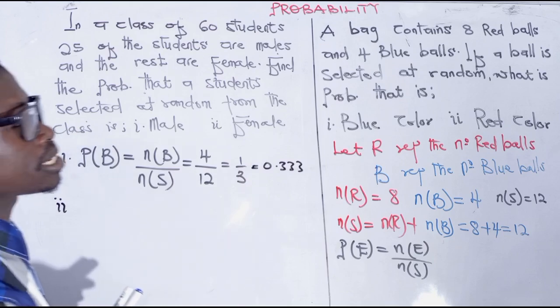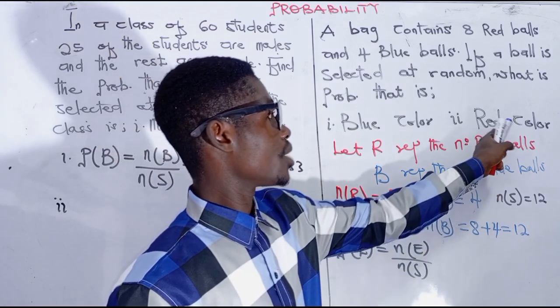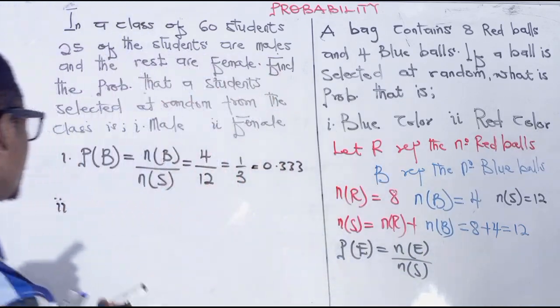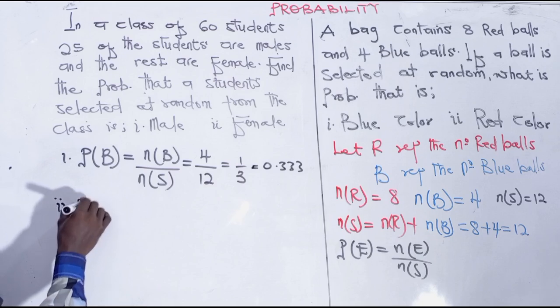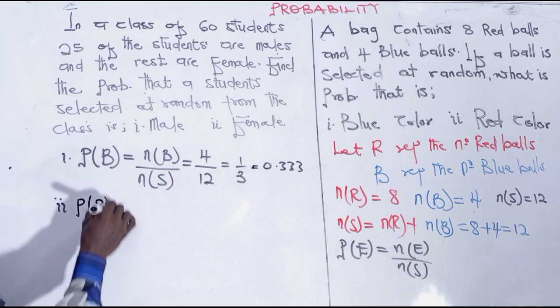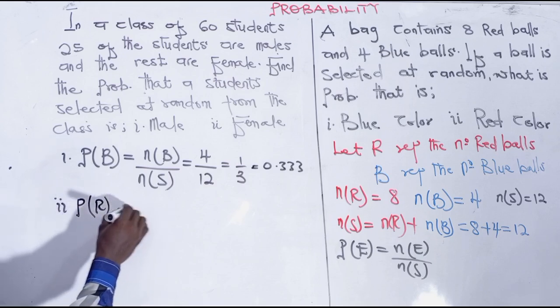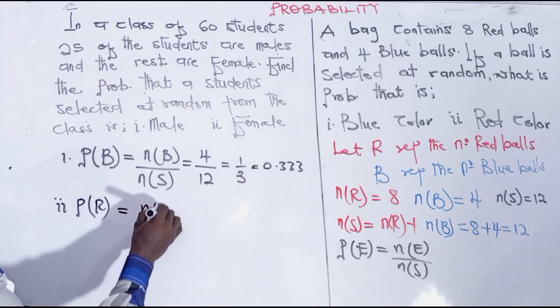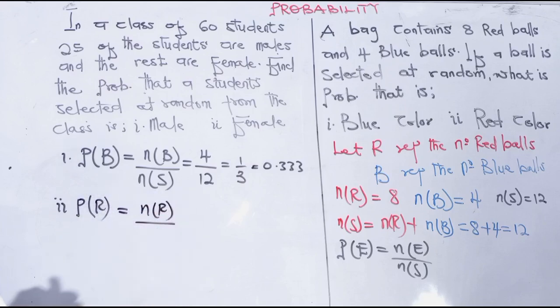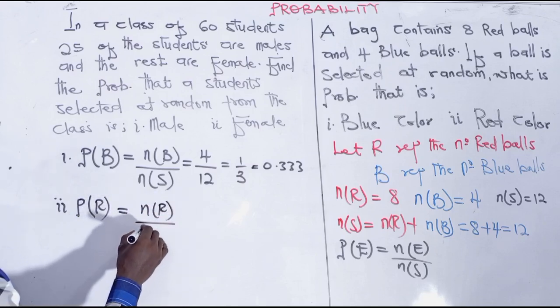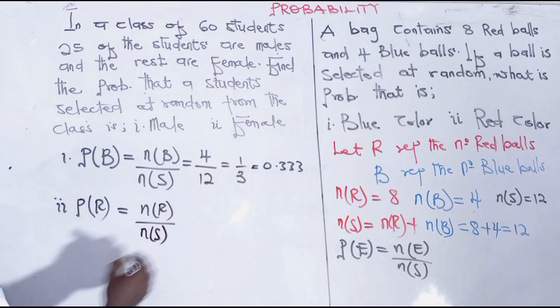Now let's look at part two. We want to find the probability of picking a red ball from the bag. This is the number of red balls in the bag all over the total number of balls in the bag, that is the sample space.